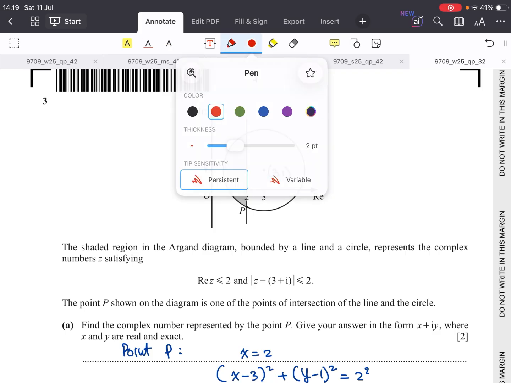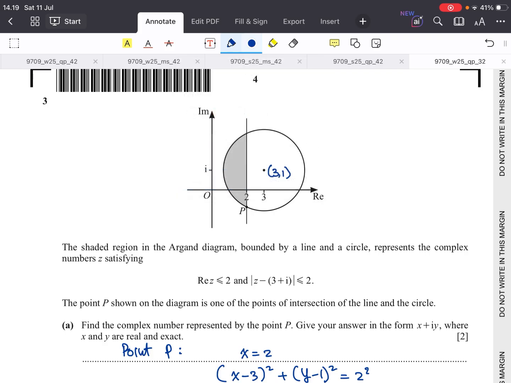So students, real z, the real part of z, is x. So x is less than or equal to 2.